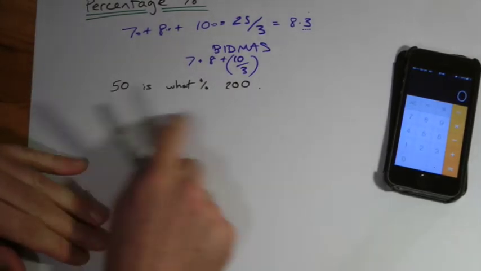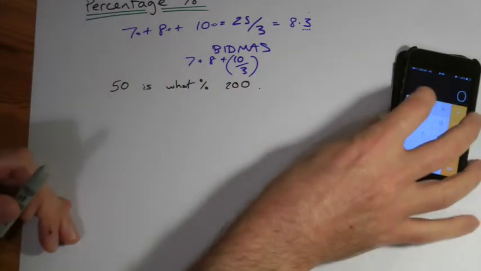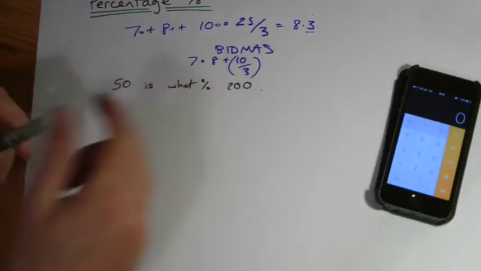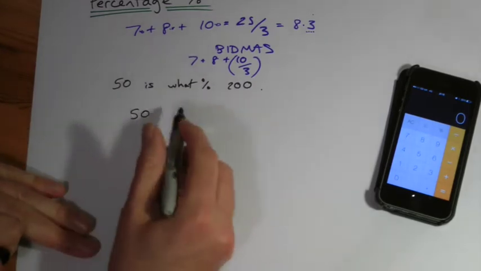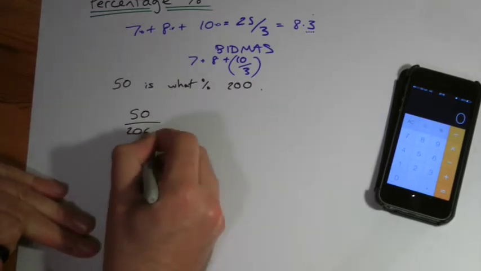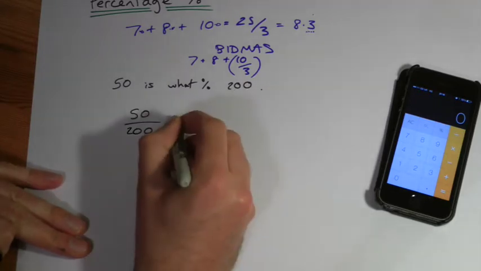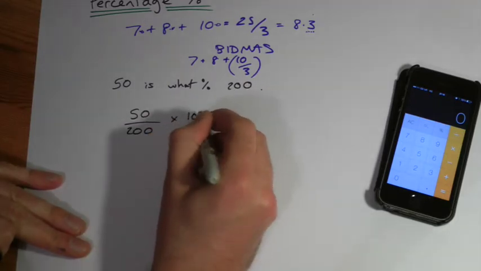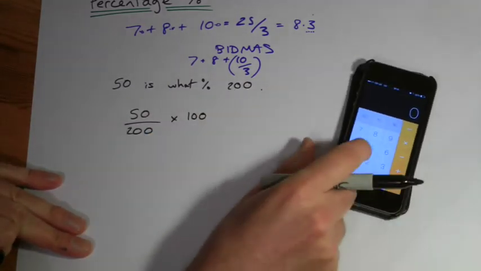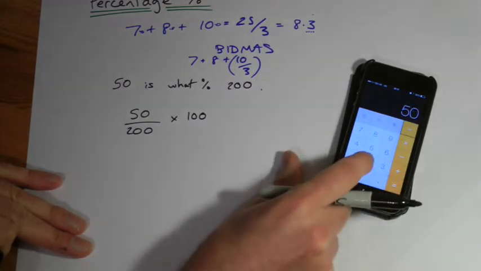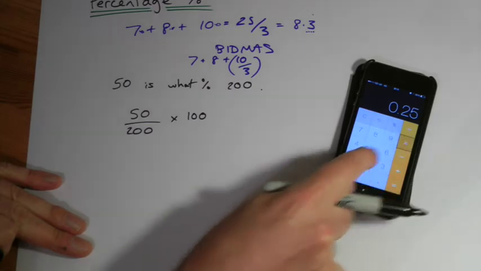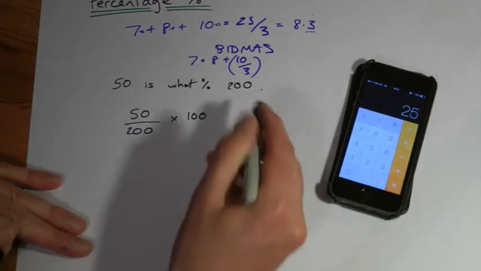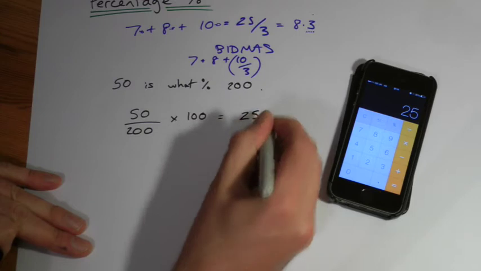Now you might be able to work that out in your head anyway, but we're just going to go through the whole process. You take the number you want to work out and divide it by the total number, and then you multiply the whole thing by 100. So 50 divided by 200 equals, and then multiply by 100, and lo and behold, our value is 25%.